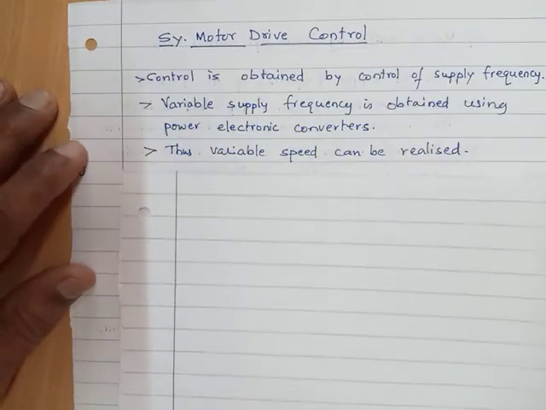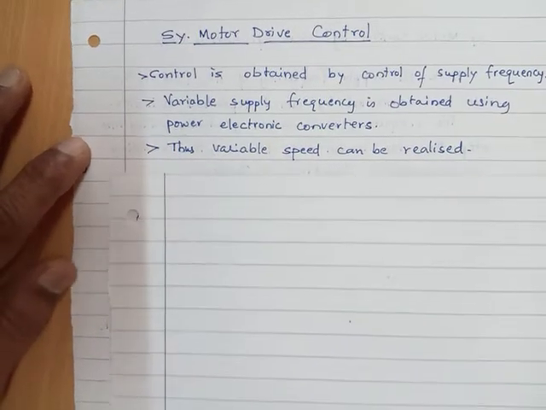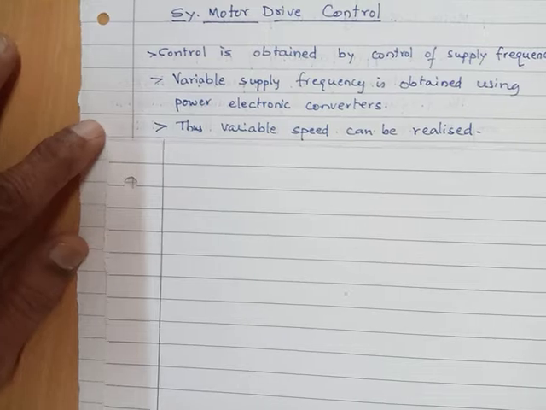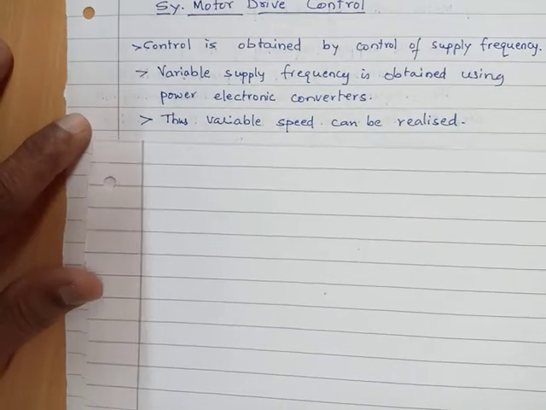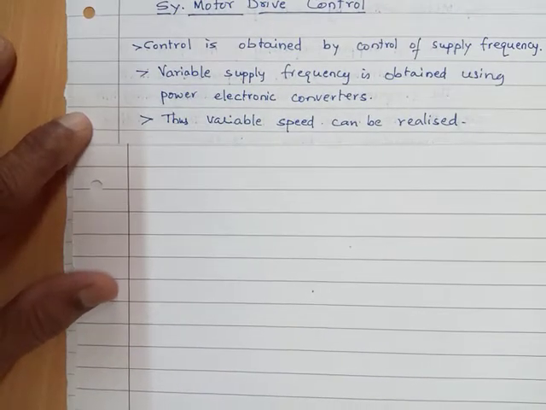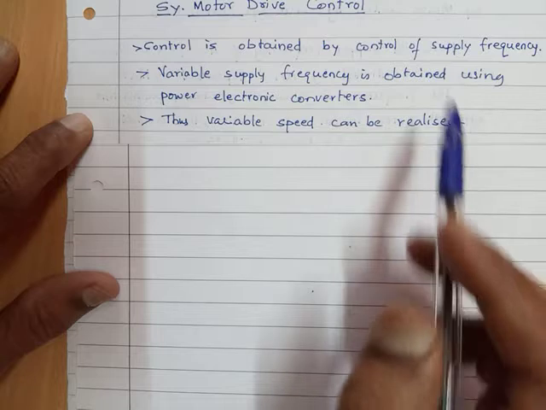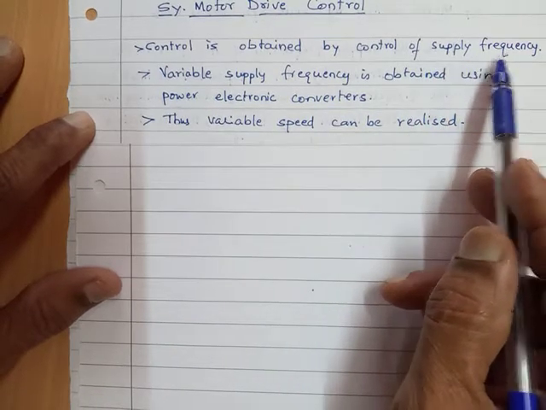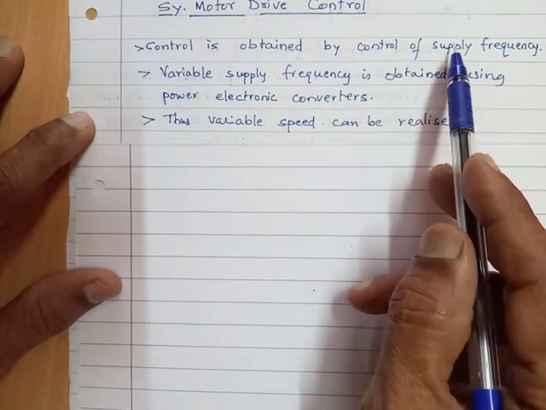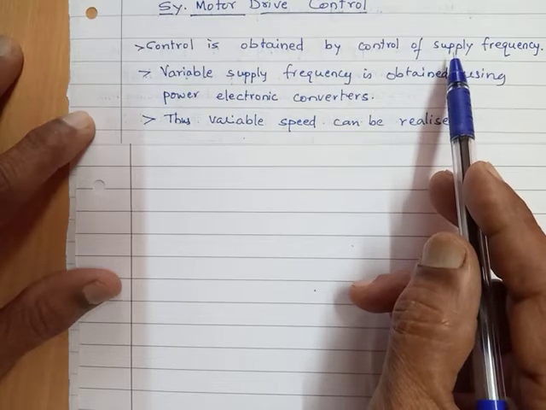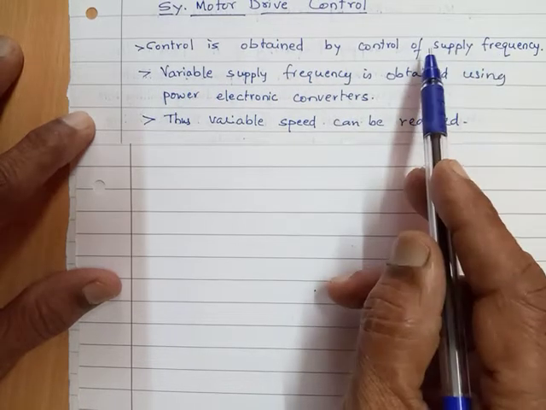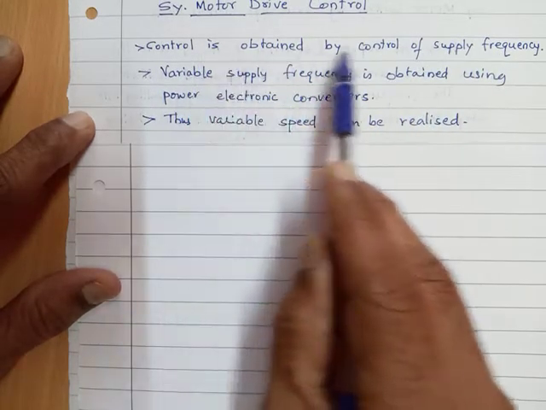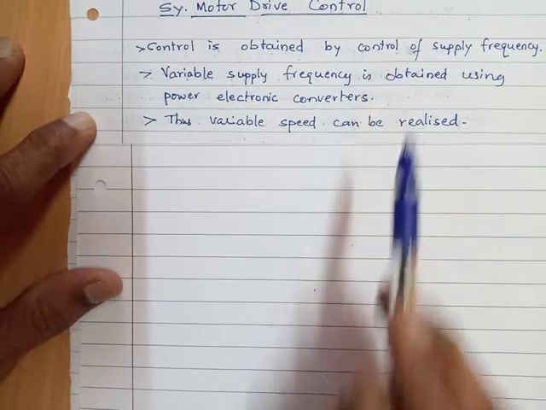The synchronous motor drive control can be obtained by controlling the supply frequency. We know that there is three-phase AC given to the stator of the synchronous motor. Now, by controlling that frequency, we can control the synchronous motor speed.